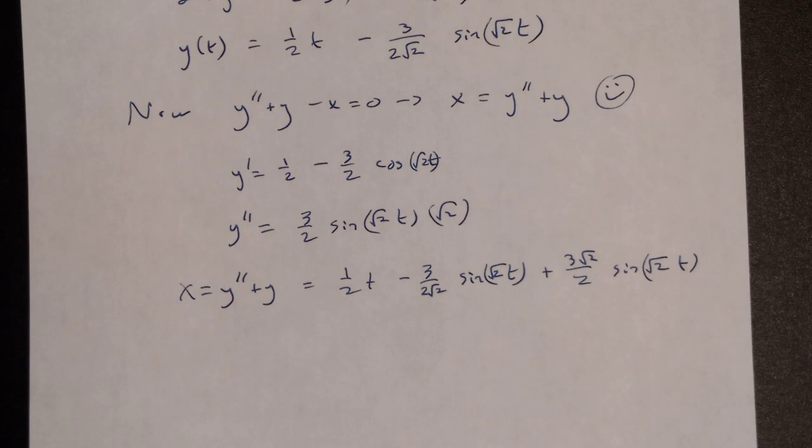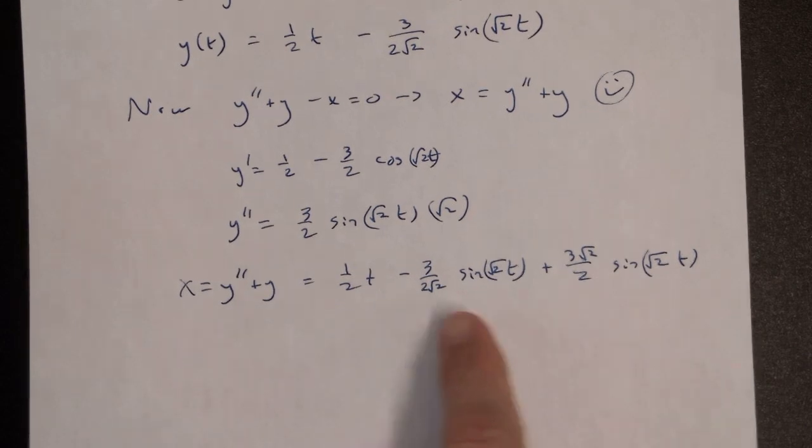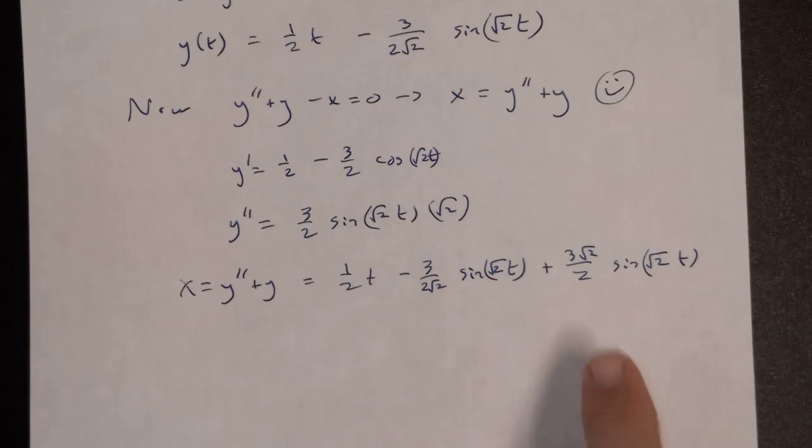If I want to add those sines, I need a common denominator here. Because this number is not the same as this one. You can't cancel them.